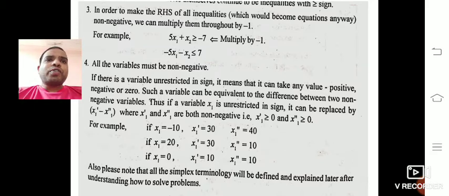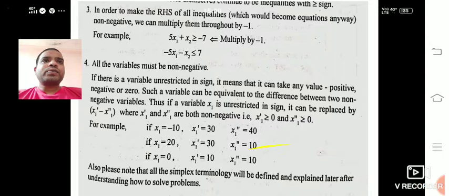Suppose x1 equals 20, then we can take x1' equals 30 and x1'' equals 10, and 30 minus 10 is 20. If x1 is 0, x1' is 10 and x1'' equals 10. You can take any values, but after putting the values in the form x1' minus x1'', we will get the x1 values. That is very important here.